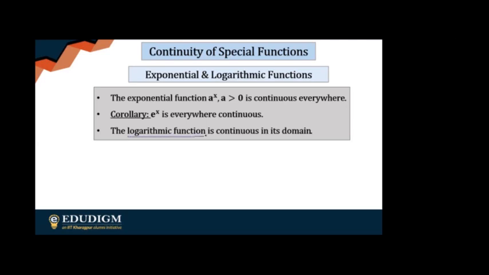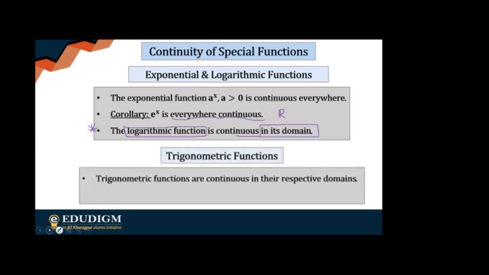The logarithmic function: I told you that there's a difference between everywhere continuous, which means on all of R, the set of all real numbers, and continuous in its domain, because there are certain restrictions on log x. This is one of the things I wanted you to figure out: the difference between continuous and everywhere continuous.